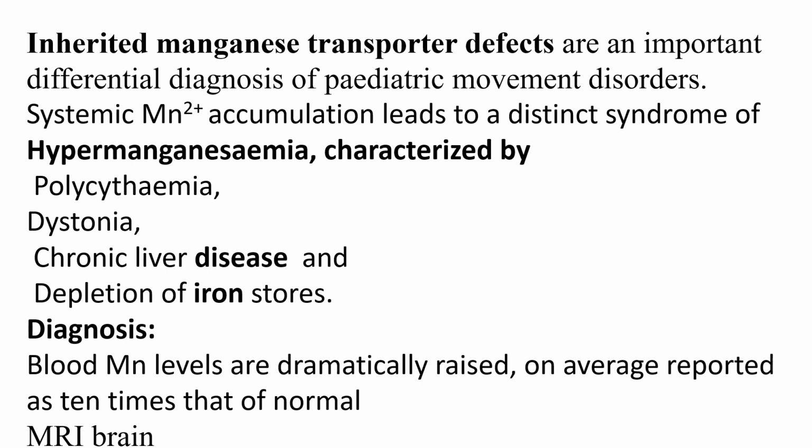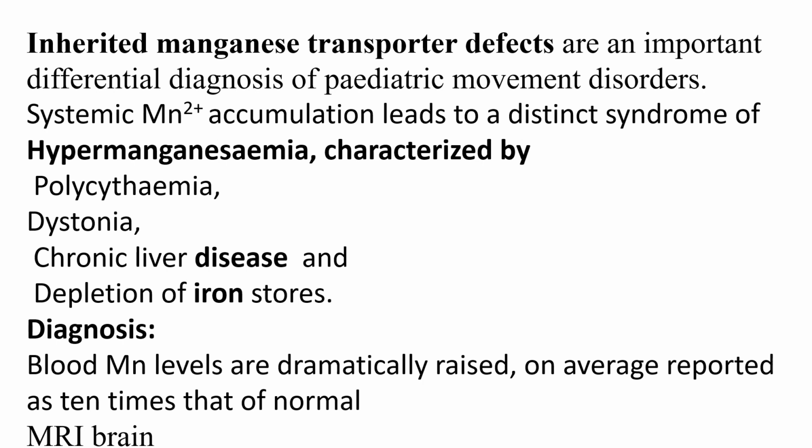Some inherited manganese transporter defects have been identified, and they have an important role in the differential diagnosis of pediatric movement disorders. So manganese transporter defects are related to movement disorders in children. Pediatrics, when we say that, is related to children.